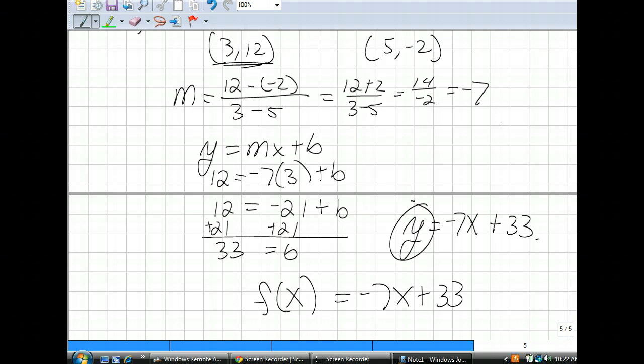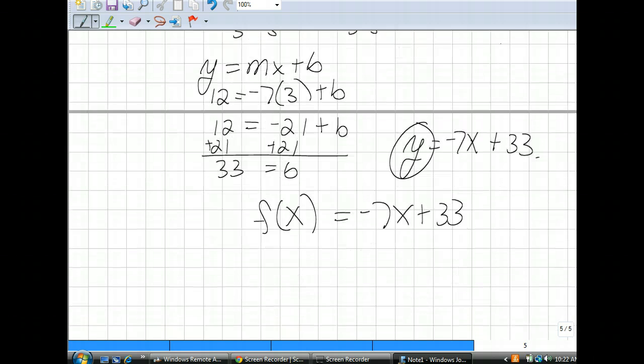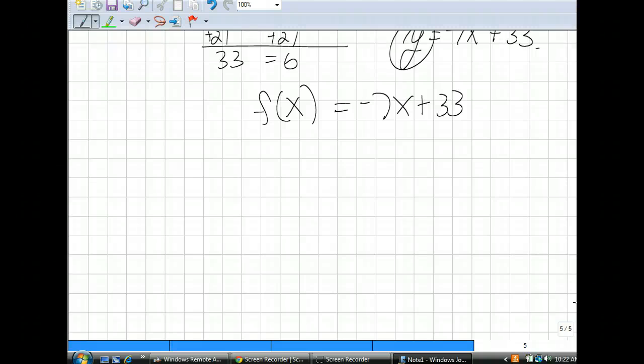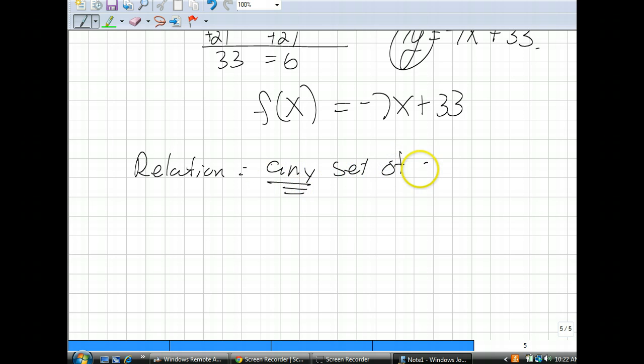Okay. Now we want to talk about relations and functions. So a relation is any set of ordered pairs. Okay, that's a relation.